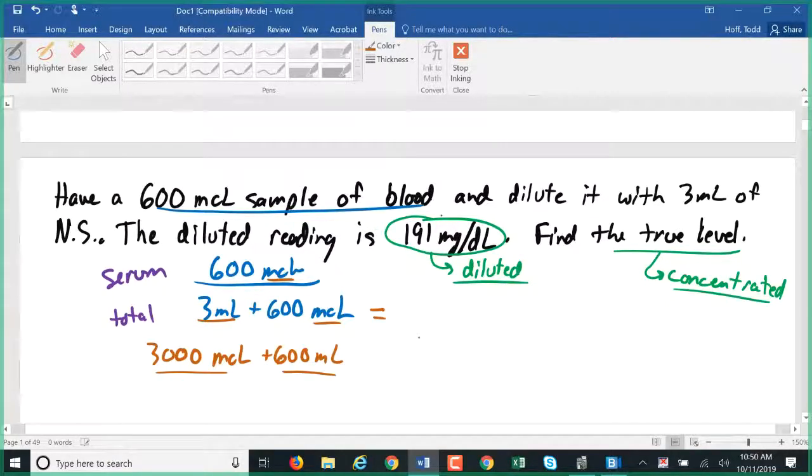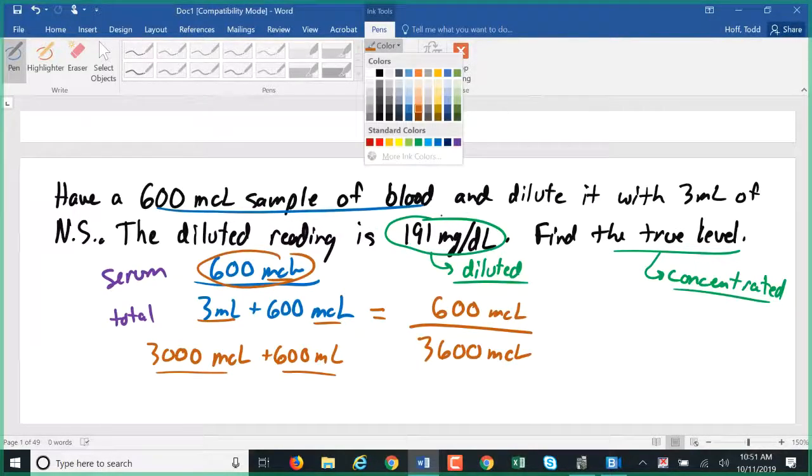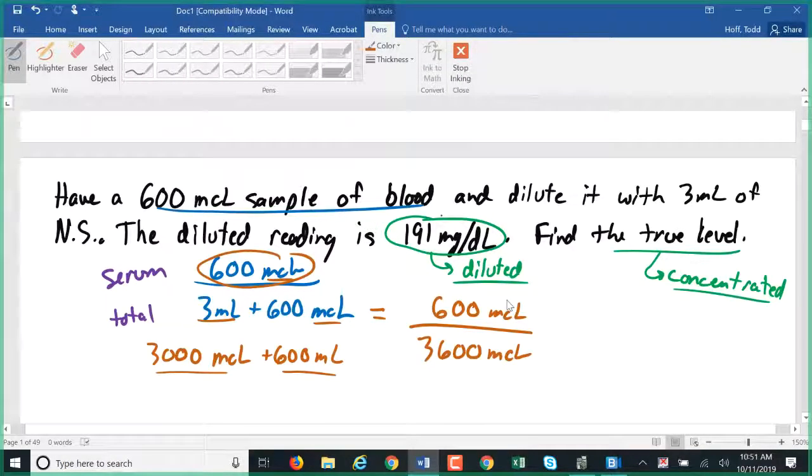Add that with the 600 microliters, you now have 3,600 microliters. On top, we have 600 microliters. Hasn't changed. Now that we have the units the same, cancel out the microliters. 600 over 3,600 reduces to 1 in 6. Perfect. It's a 1 in 6 dilution.